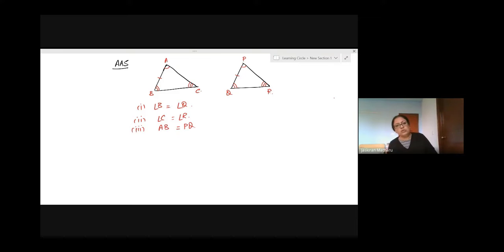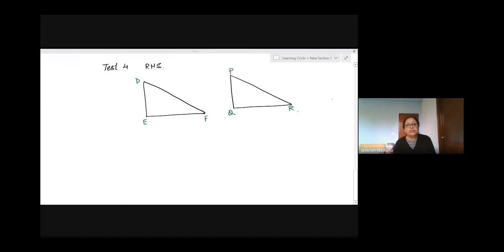Now this is not the included side, but still it will satisfy the same condition as we have discussed. So this also implies that triangle ABC is congruent to triangle PQR.